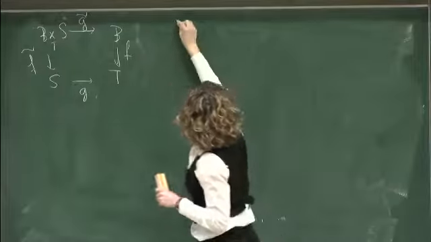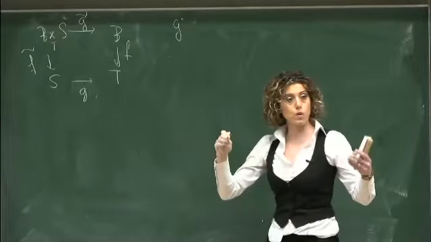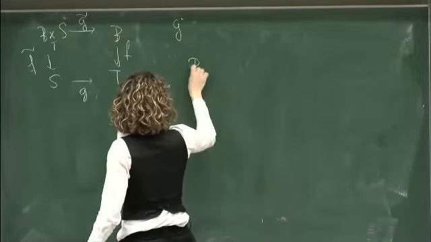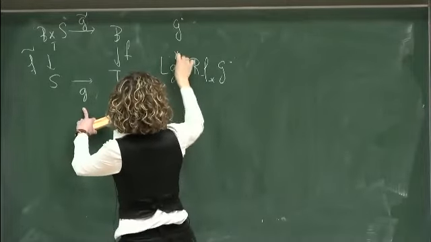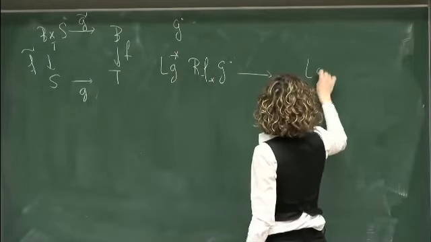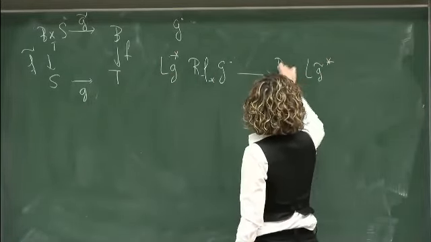And you have a complex here, and there is always a natural morphism from L G star F star to L F tilde star G tilde star.